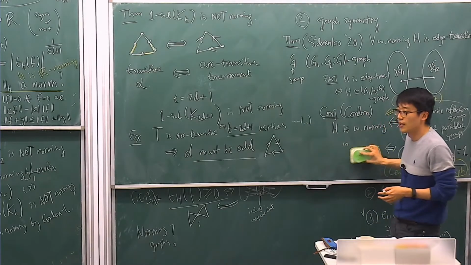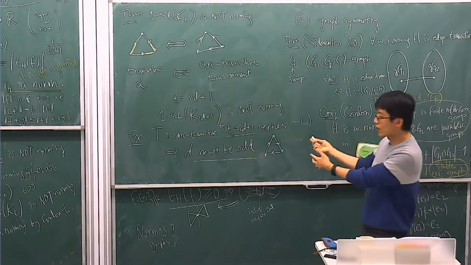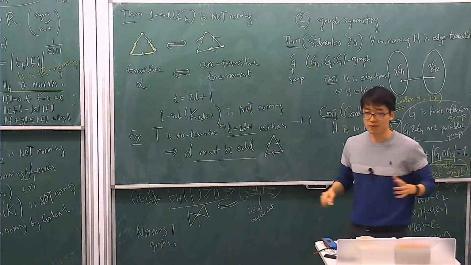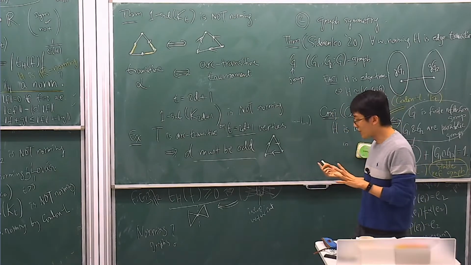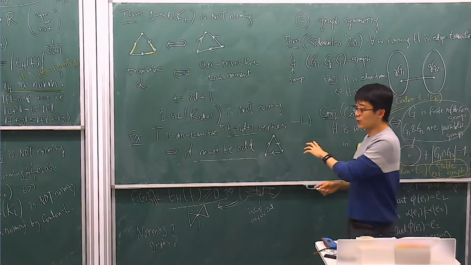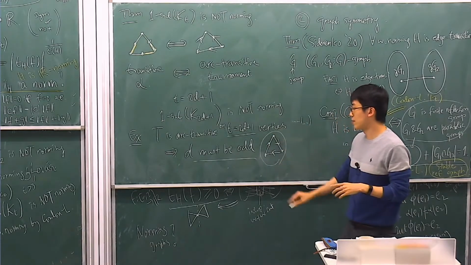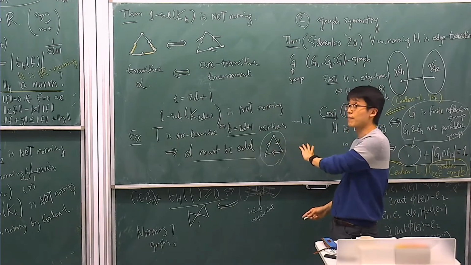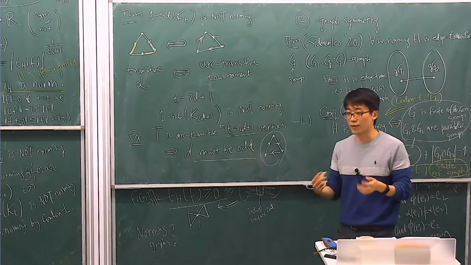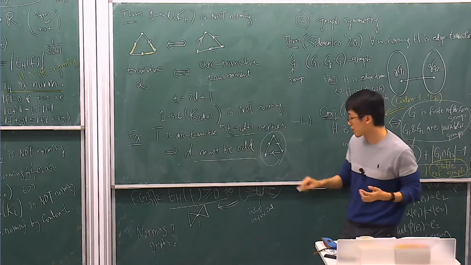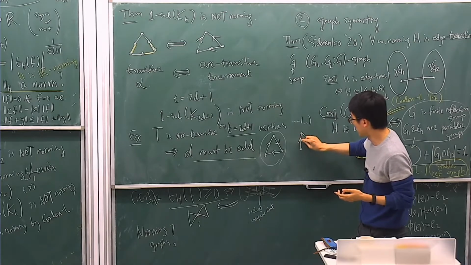So for regular tournaments, to be short, there's a constant number of directed 3-cycles in a regular tournament. This is done by counting these guys.